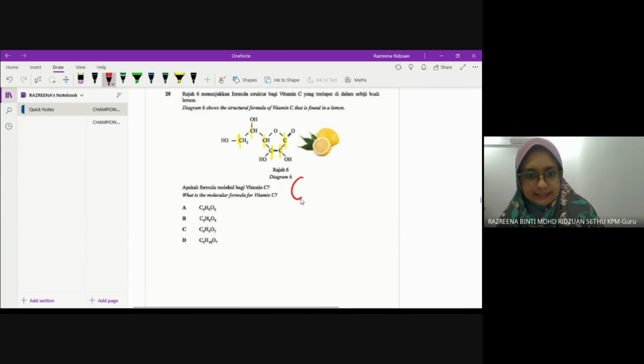So C6. Next is hydrogen. 1, 2, 3, 4, 5, 6, 7, 8. Careful, 8. So hydrogen 8.